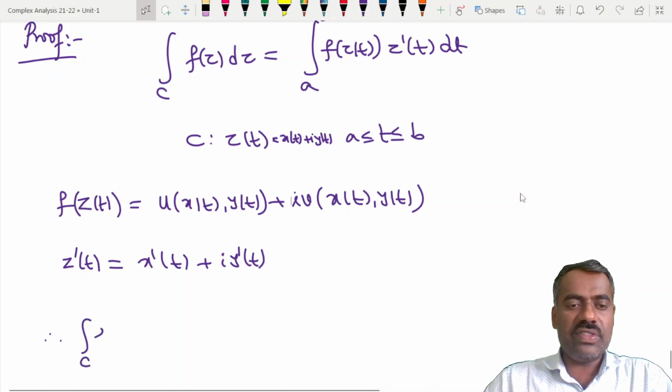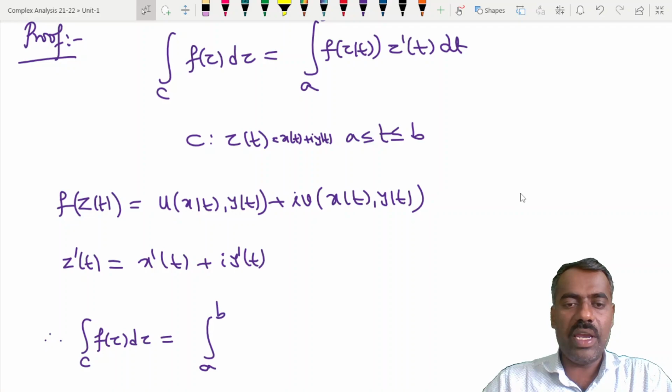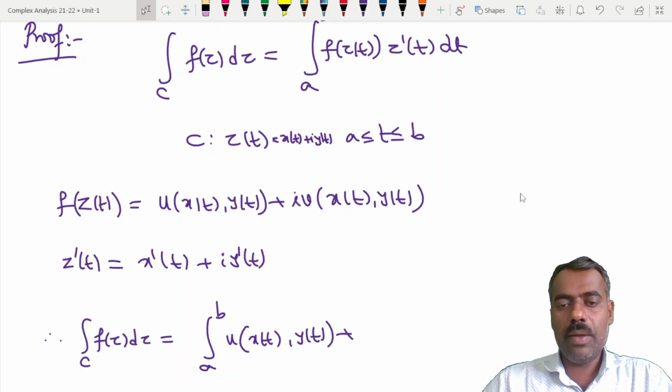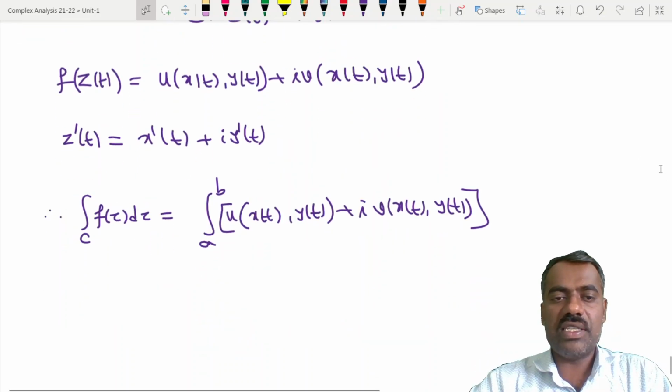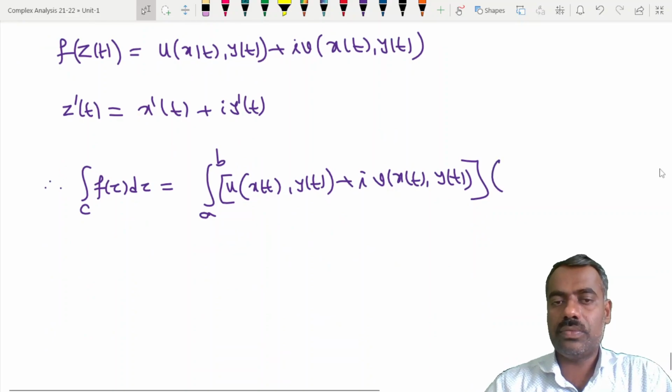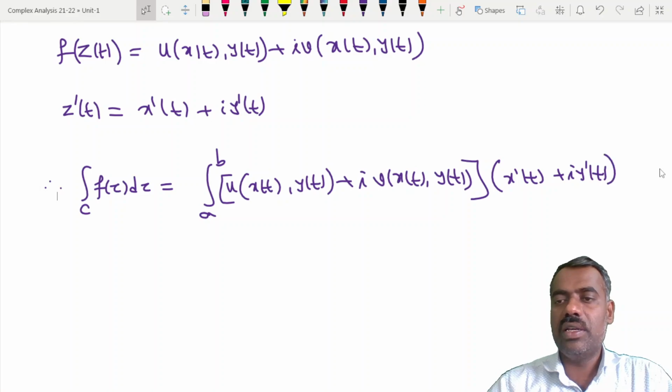the integration of f(z) dz becomes the integration from a to b of [u(x(t),y(t)) + i v(x(t),y(t))] times z'(t), which is x'(t) + i y'(t), dt.